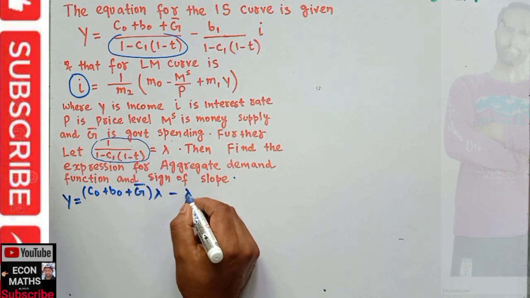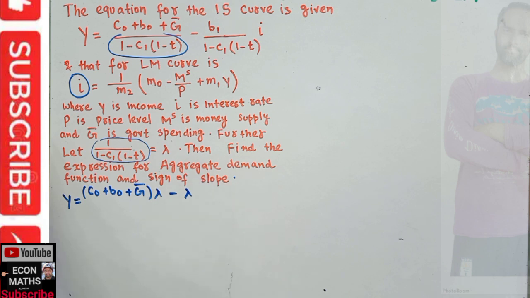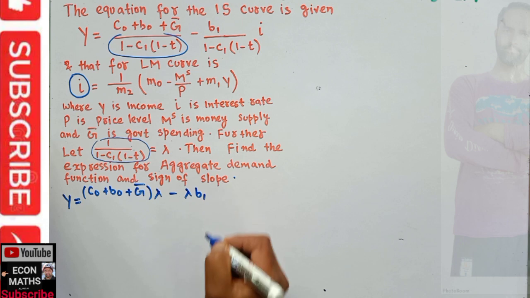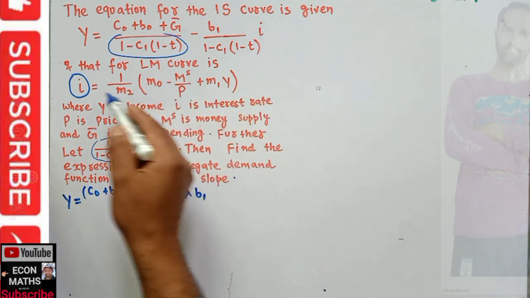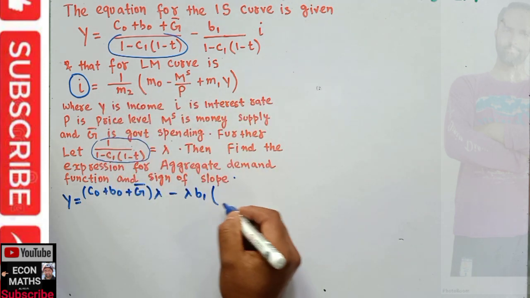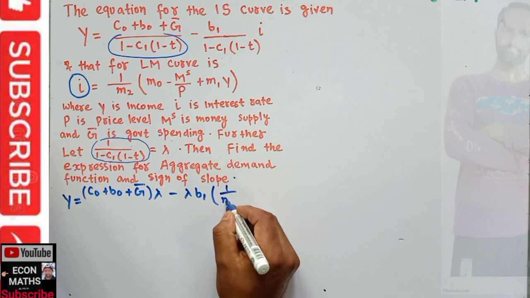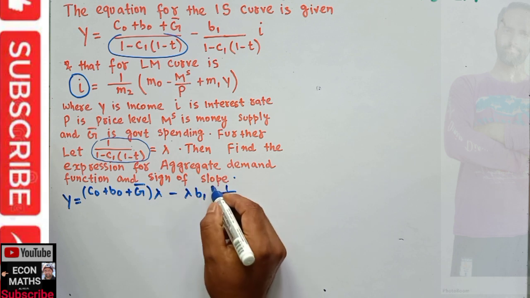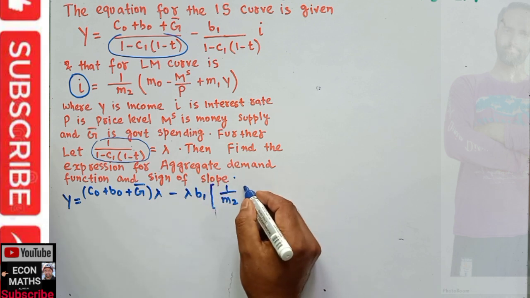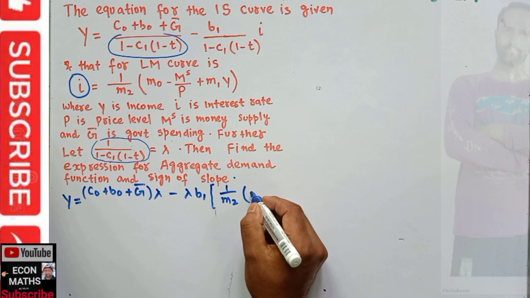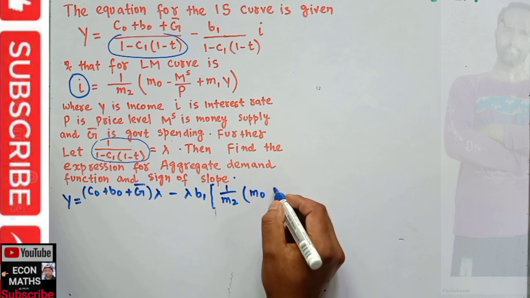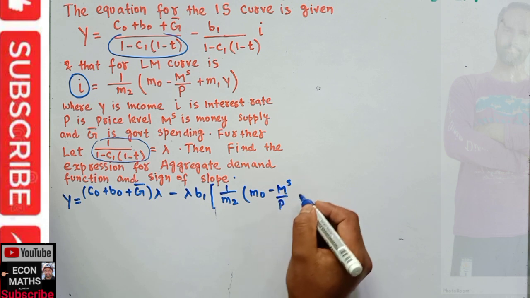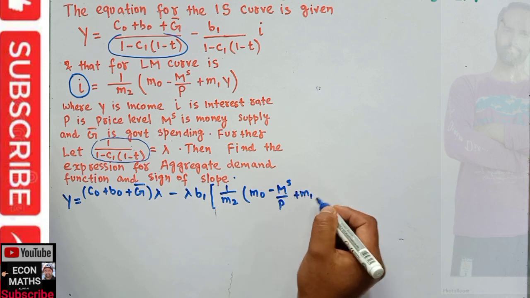Then we have B1, and the value of I is this term: 1 upon M2, and let's use the long bracket here, then M0 minus MS upon P plus M1 Y.